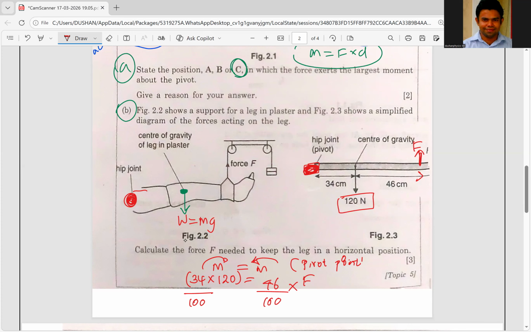Write it down. What is the answer? 88.7 newtons.